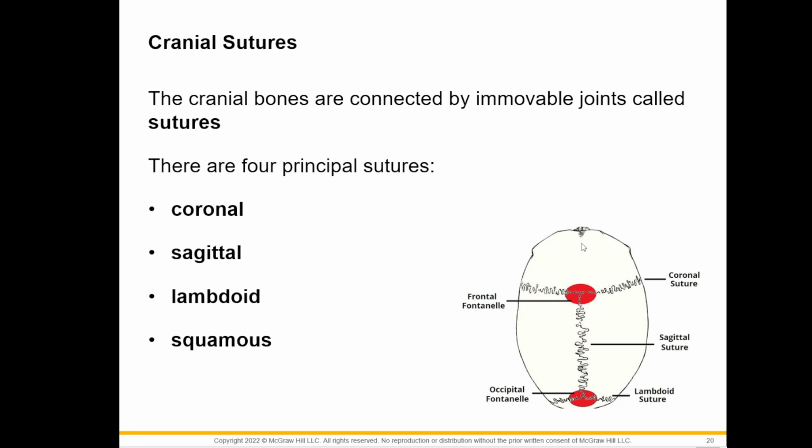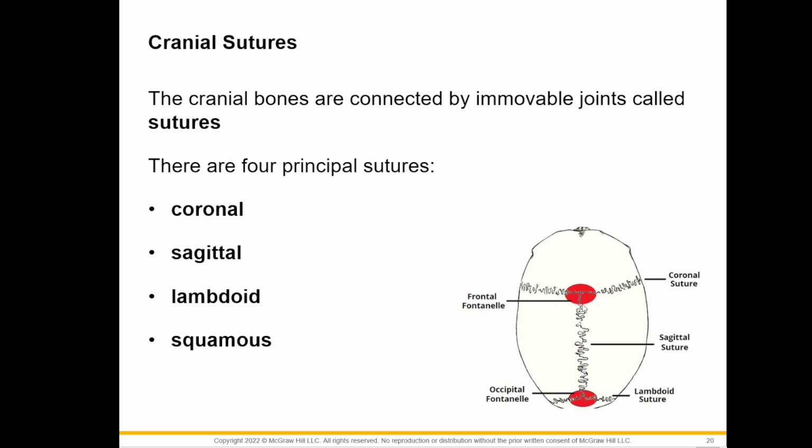The connection of the frontal bone to the parietal bone is called the coronal suture. Coronal suture. 1 on the left, 1 on the right. The connection of the 2 parietal bones is called sagittal suture. In the middle. Remember, sagittal, mid-sagittal line? So sagittal suture.